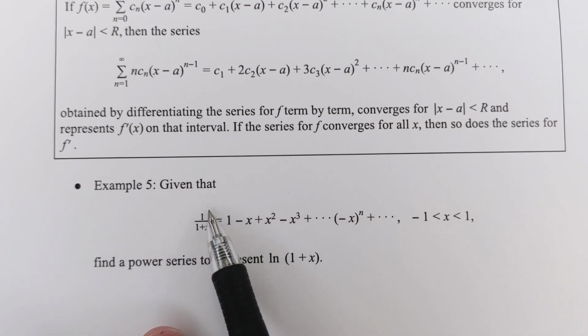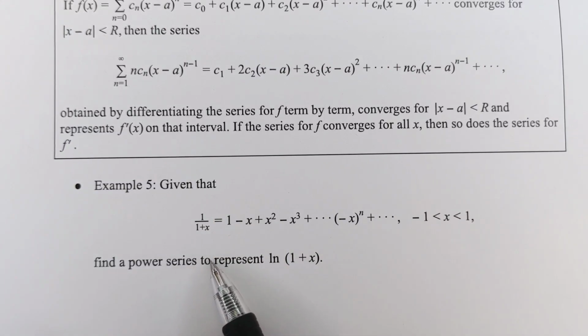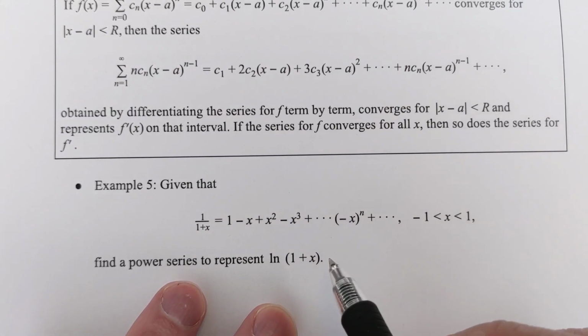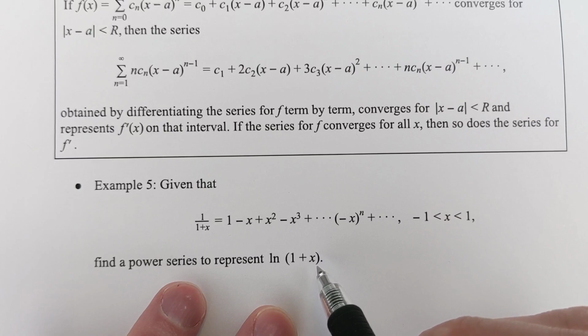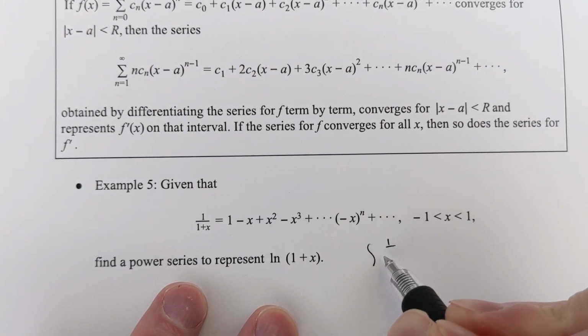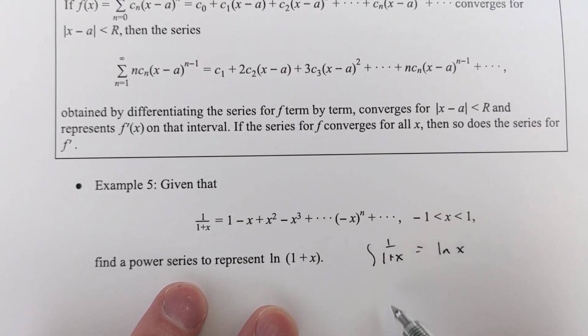So given that 1 over 1 plus x has this power series, find a power series to represent the natural log of x. So the thing you can notice is that the antiderivative of 1 over 1 plus x is equal to ln of 1 plus x.